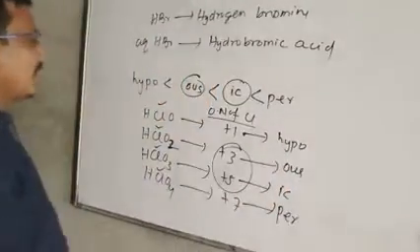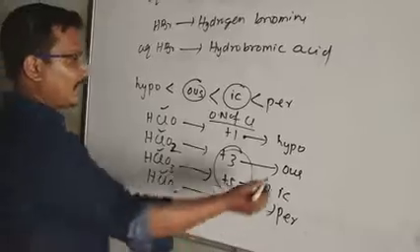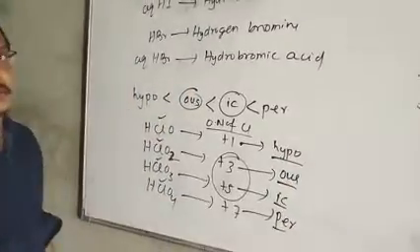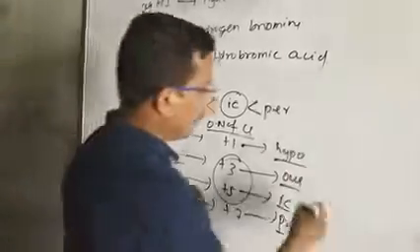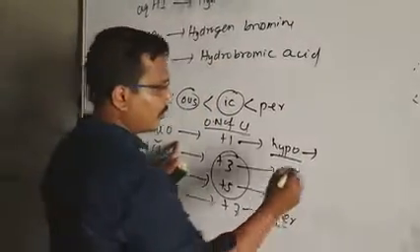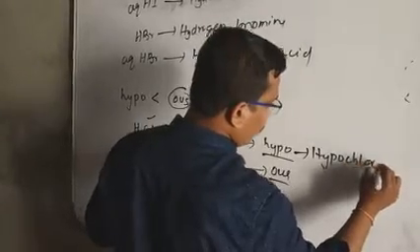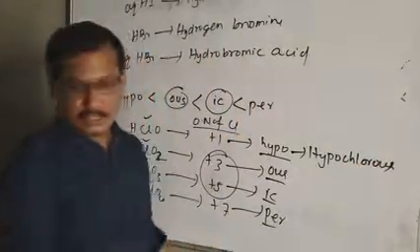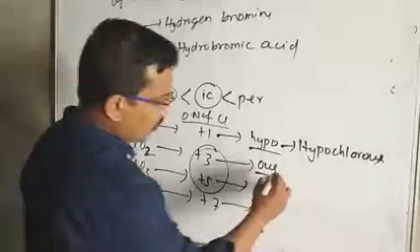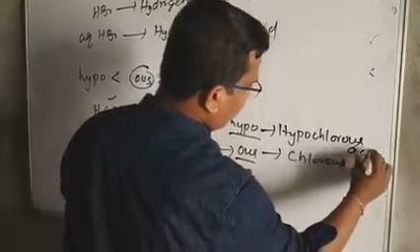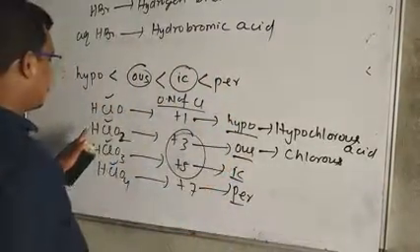Then what will be the name of these compounds? With the help of hypo, ous, ic, per, we can name the compounds. The name of HClO is hypochlorous acid.